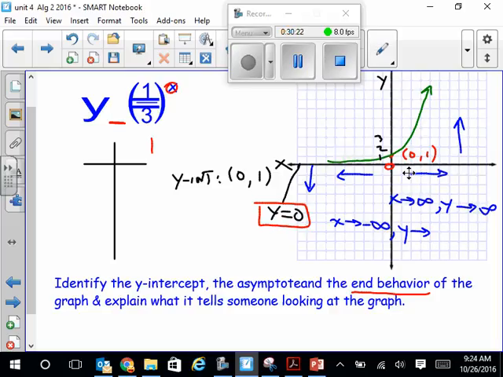As x, I will do this side first and this side second. As x goes to positive infinity, y goes up and up forever, also to positive infinity. And then the second line is this side. As x goes in the opposite direction, we call that negative infinity, for this purpose, where the airplane is taking off, y goes to 0.